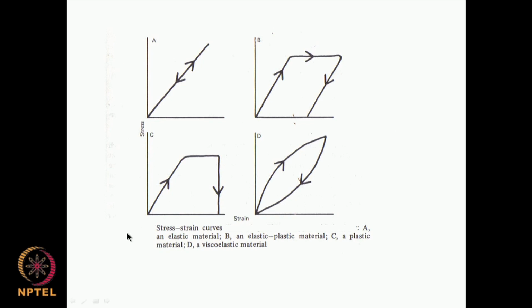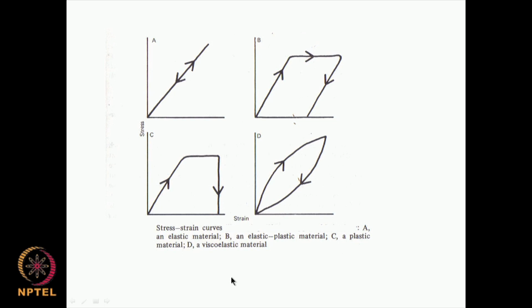If you look at stress strain curves, and if you take an elastic material, once the load is removed, it will come back. It will follow the same straight line, whereas if it is an elastic plastic material, it will come back, but it will come back through a different path.